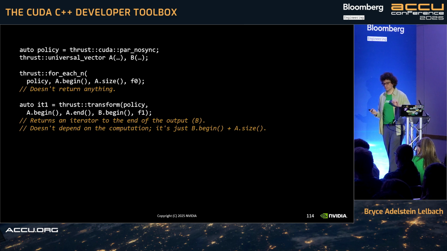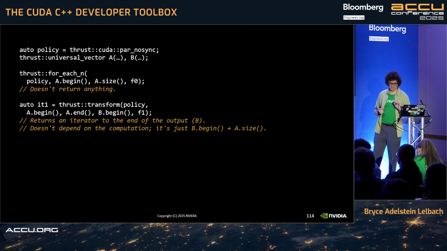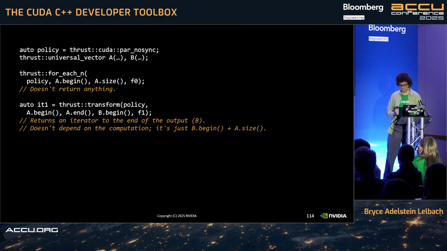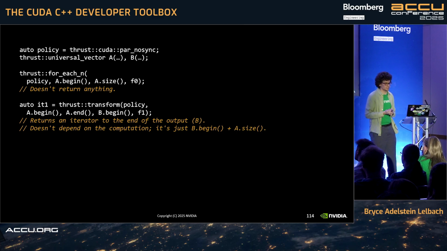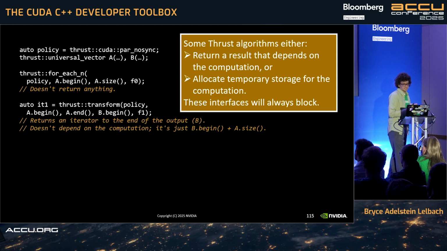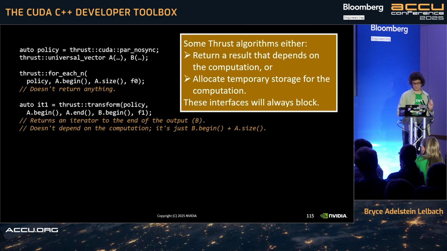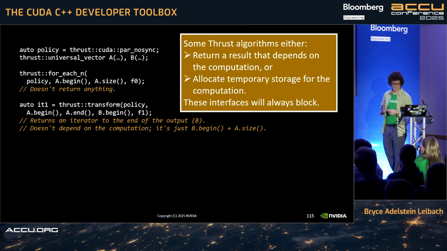Now, there are, unfortunately, today some limits to thrust's support for asynchrony, but these are going to hopefully be resolved in the near future. I've got pending PRs for most of these. So it works great for algorithms like for each and transform. But some thrust algorithms either return a result that depends on the computation, or they allocate temporary storage for the computation.